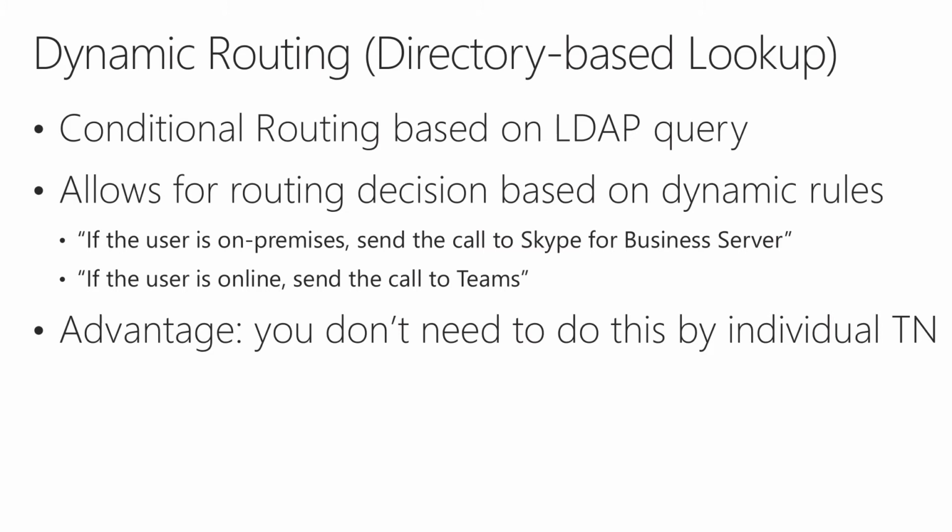Now, the advantage to this is now you don't have to change the routing mechanism by individual telephone number, which can get quite tedious if you're trying to do that line by line by line inside of the session border controller, unless you're lucky enough to have the numbers in a block, but that just generally never happens. So by being able to do dynamic routing, it gives us a much more flexible way of being able to key off of a particular attribute and then make a routing decision based on the output or the result of that particular query.